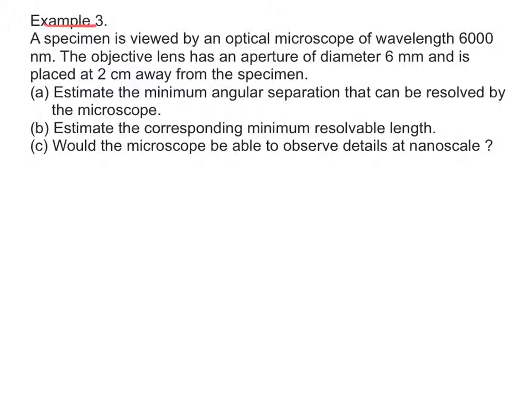Example 3. A specimen is viewed by an optical microscope of wavelength 6,000 nanometer. The objective lens has an aperture of diameter 6 mm and is placed at 2 cm away from the specimen.